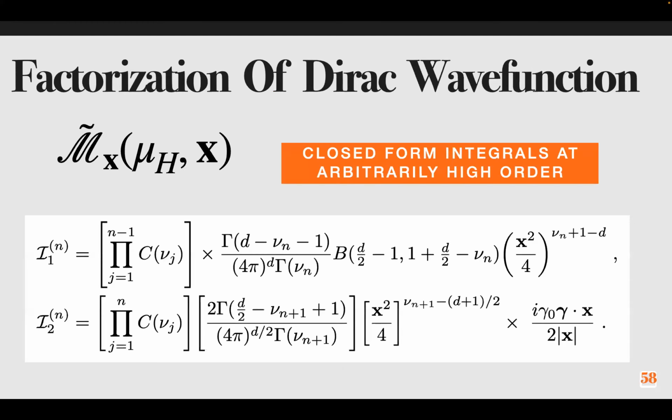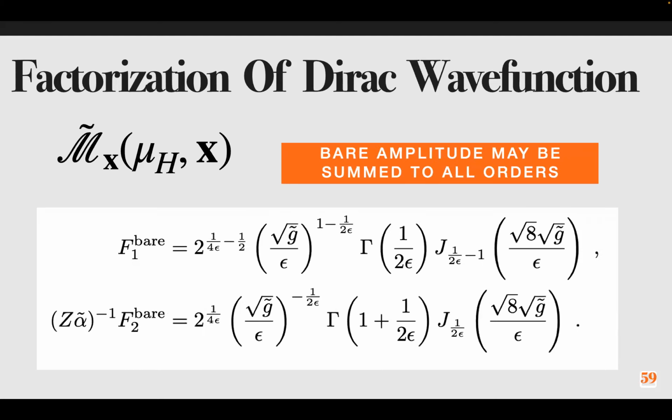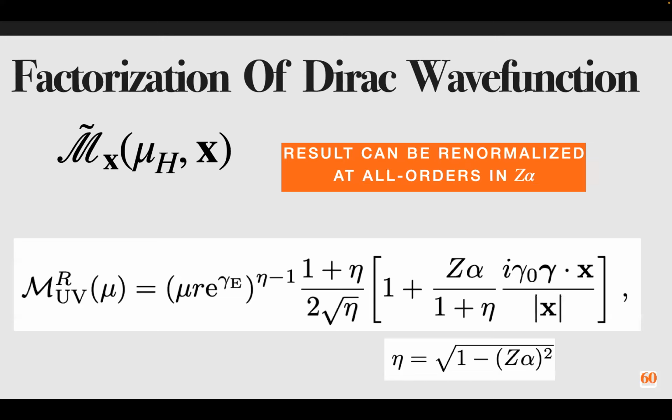Okay. So what's kind of remarkable is that those graphs can be computed at arbitrary order in perturbation theory. And even before you renormalize them, they can be resummed into an analytic expression that depends on Bessel functions.